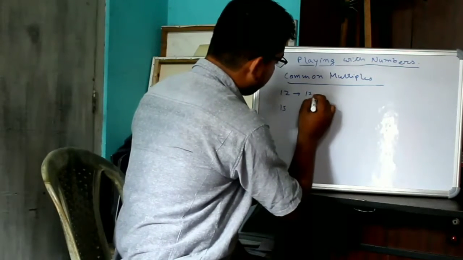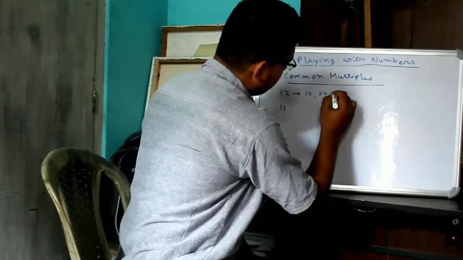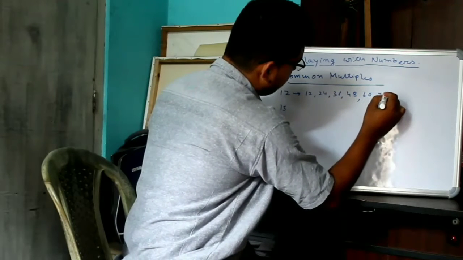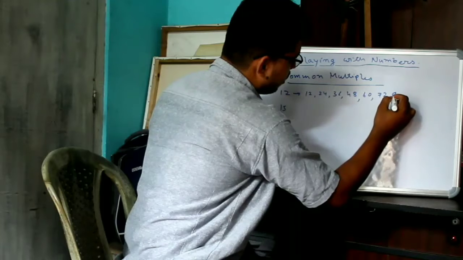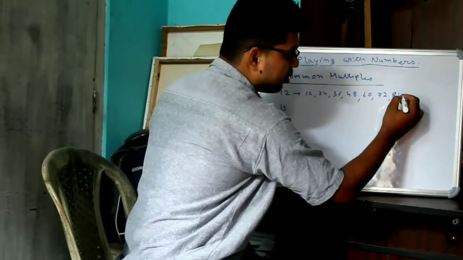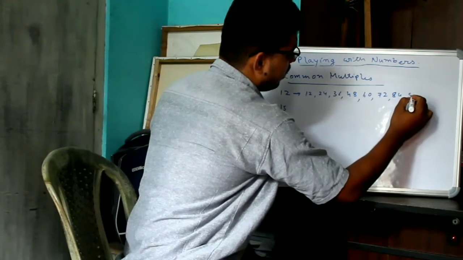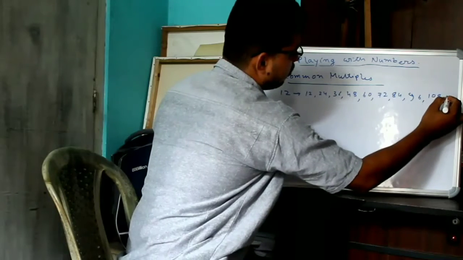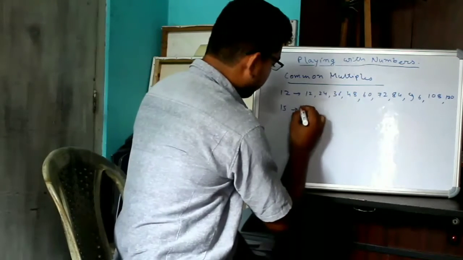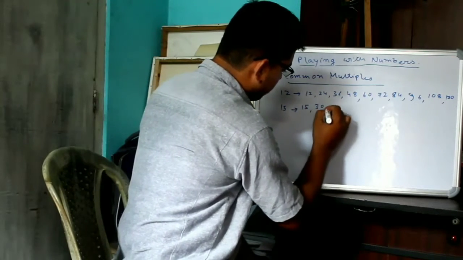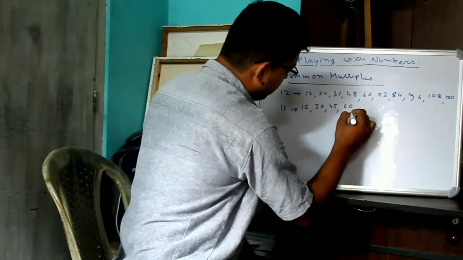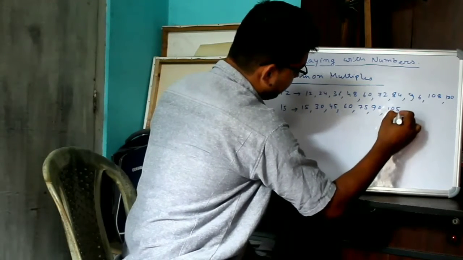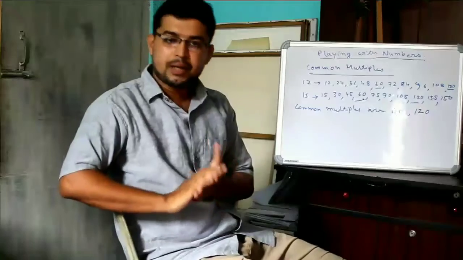The multiples of 12 are 12, 24, 36, 48, 60, 72, 84, 96, 108, 120. Next for 15: 30, 45, 60, 75, 90, 105, 120, and prime factorization.